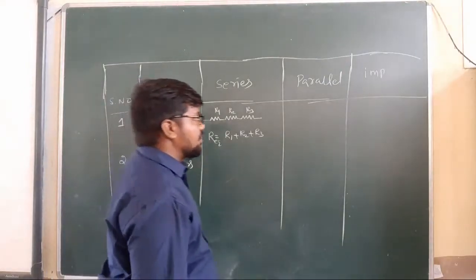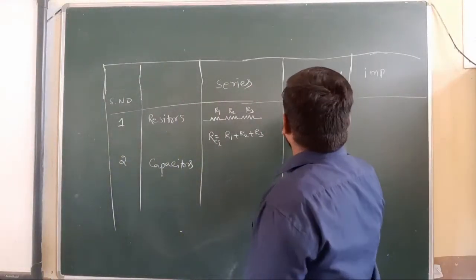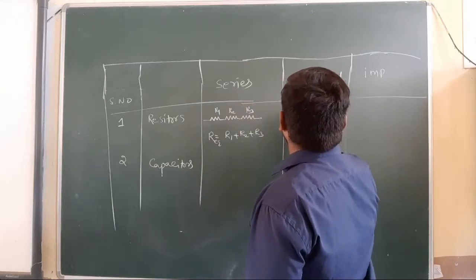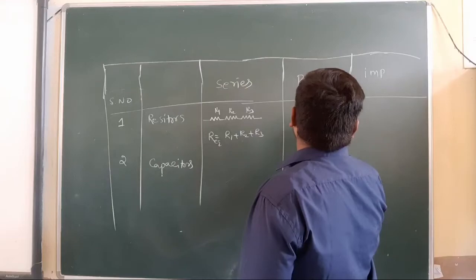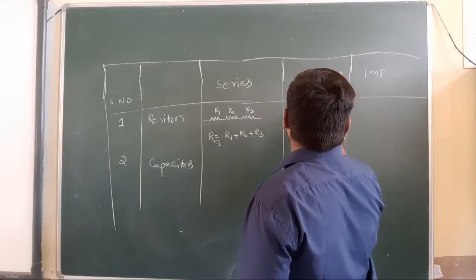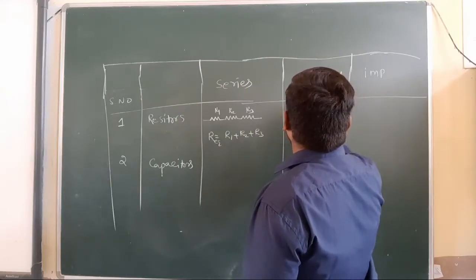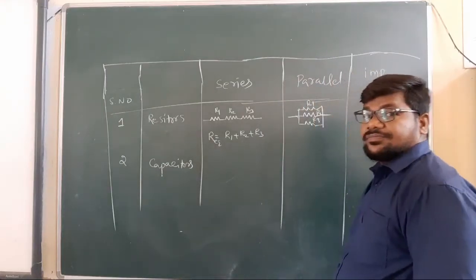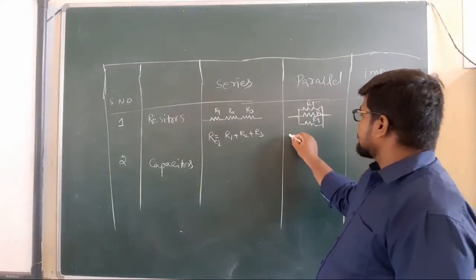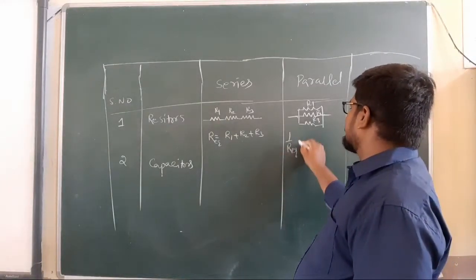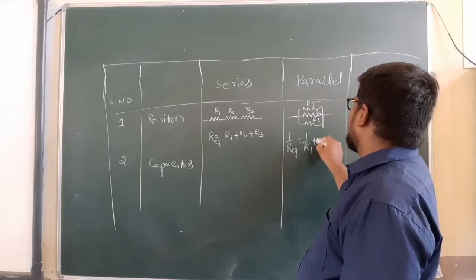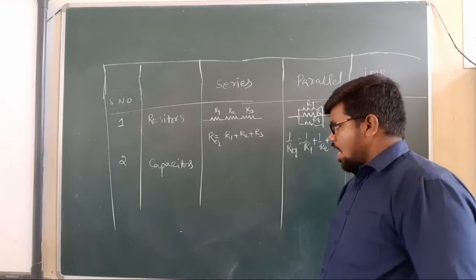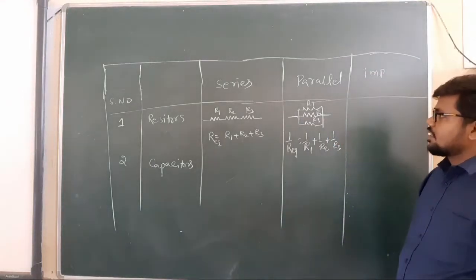Then resistors in parallel, this is R1, R2, R3. Clear? What is the expression? 1 by R equivalent is equal to 1 by R1 plus 1 by R2 plus 1 by R3. Clear?